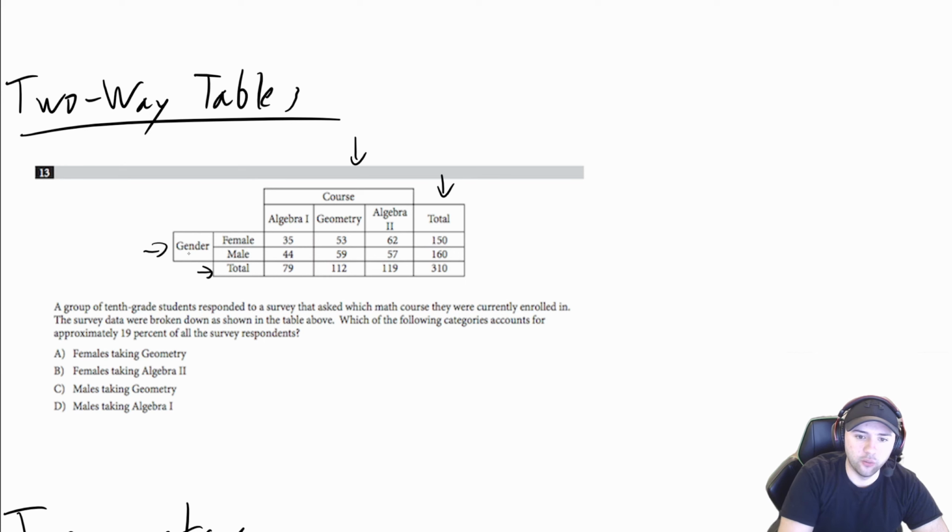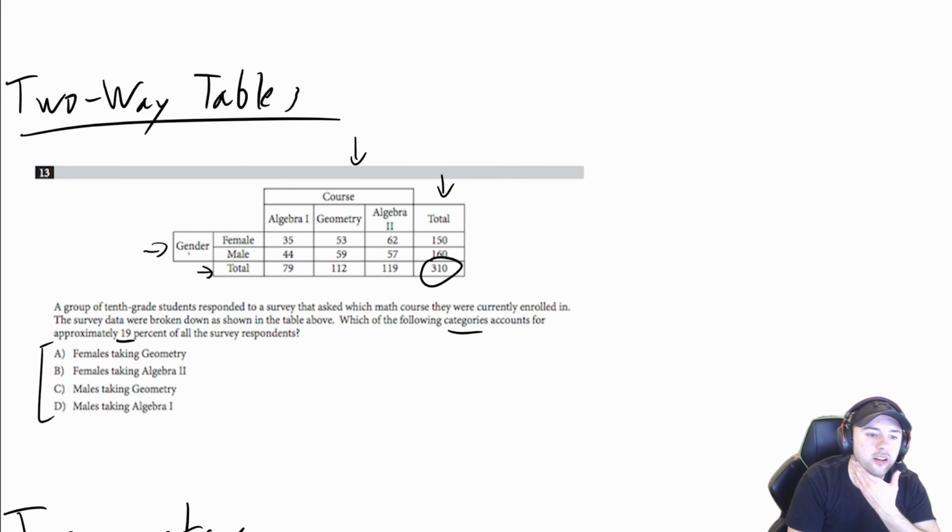Okay, which of the following categories accounts for approximately 19% of all the survey respondents? So out of this total survey respondents, which is 310 people, the question is, which of these categories is 19% of the 310? So what we can do is figure out what the number is in each of these groups, and then we can divide that by 310 and see what the percentage is.